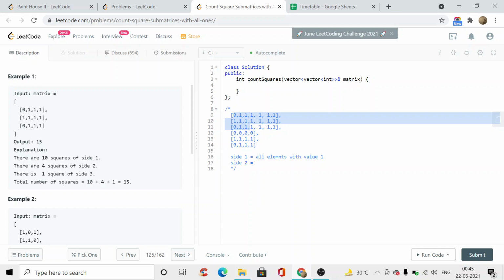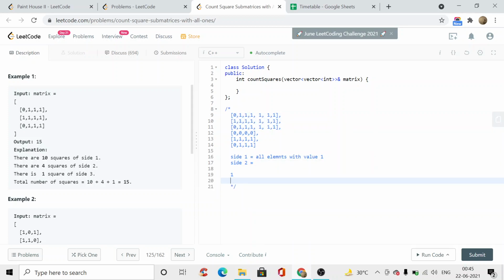And if we have something like 4 by 4, how could we check whether it is a matrix of 4 by 4 or not? What will be the complexity then?